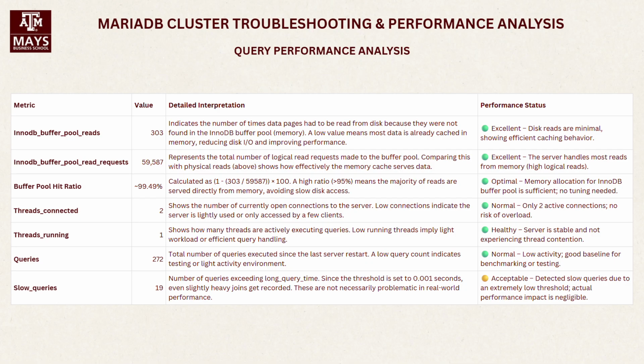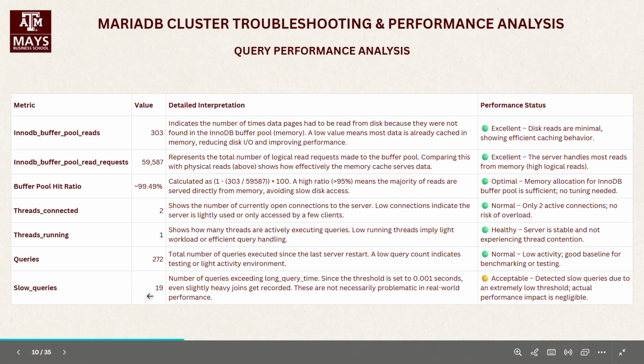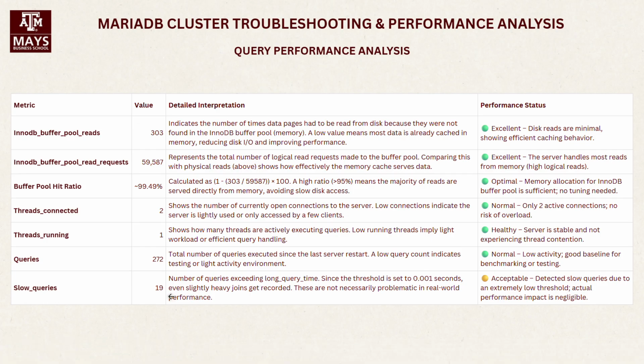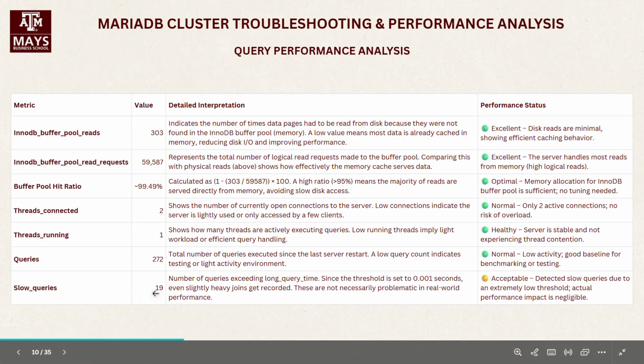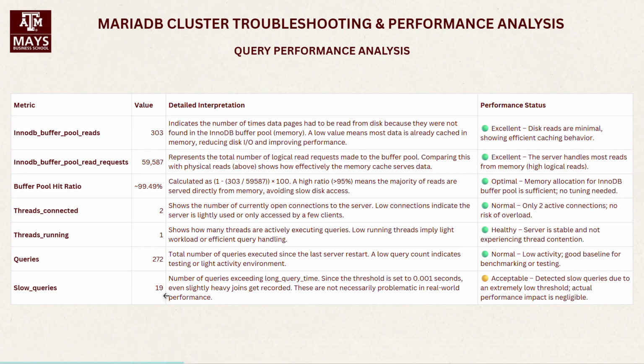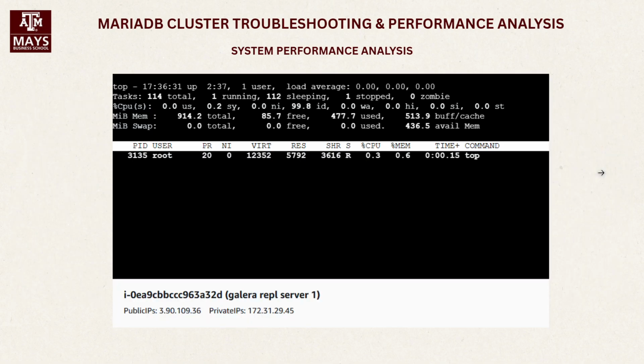Then slow queries are the number of queries which exceeded our threshold time, which we set as 0.001 seconds. So that means that in total 19 queries were slow, which we can optimize. So these are some ways you can analyze the performance of your queries. And now coming to analyzing the performance of the system.